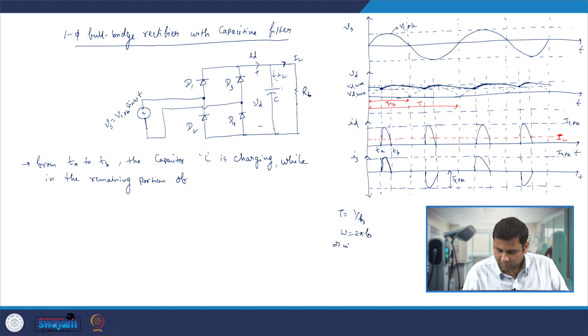It implies omega T is nothing but 2 pi. The same thing we also wrote in the last class.